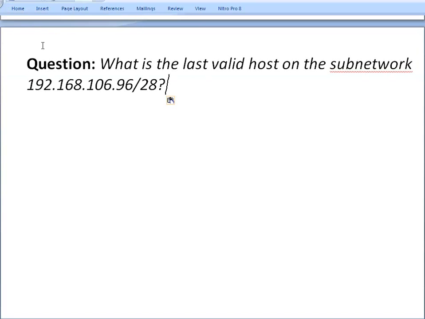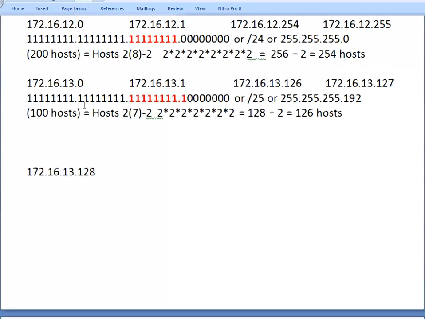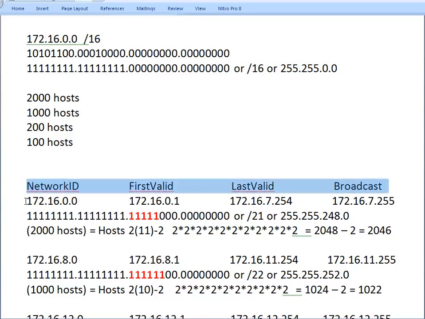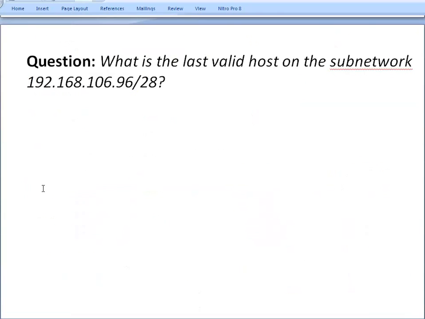What they want to know is the last valid host on this subnet network. The network is 192.168.106.96/28.